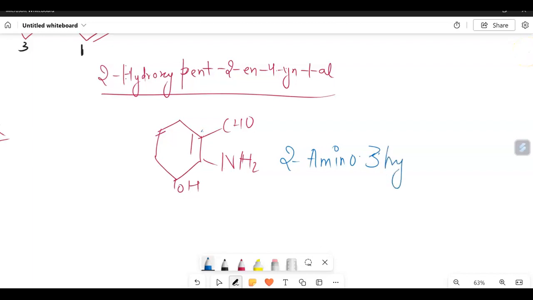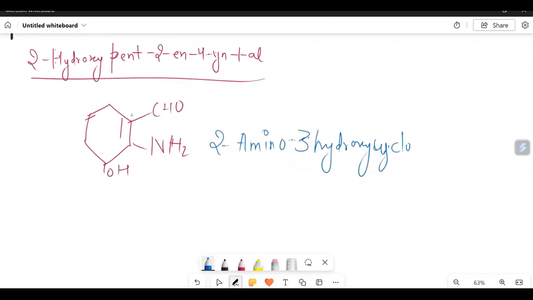okay, and then we have cyclo, because it's a cyclo compound. How many carbons are there? 6, so we can call it hexene because there is a double bond at 1 also.